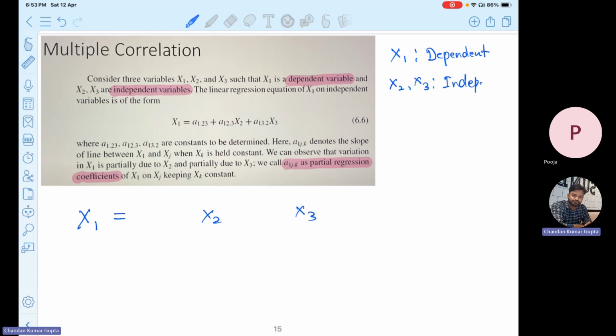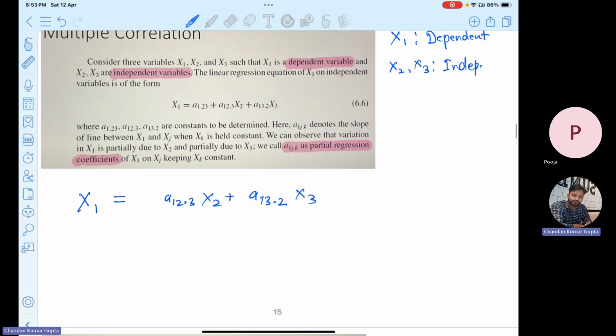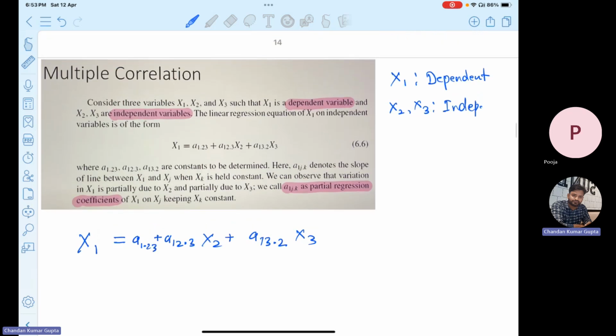These are denoted by some numbers actually: 1 3.2, 1 2.3, and 1.23. So this is the linear regression equation.